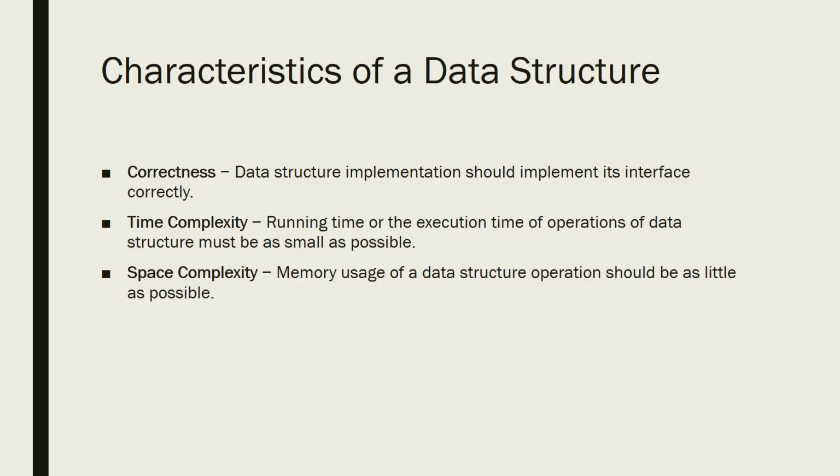For time complexity, we must consider a running time that is as small as possible. Now for the space complexity, the memory usage of a data structure operation should be as little as possible, so little memory space is used for the data structure operation.